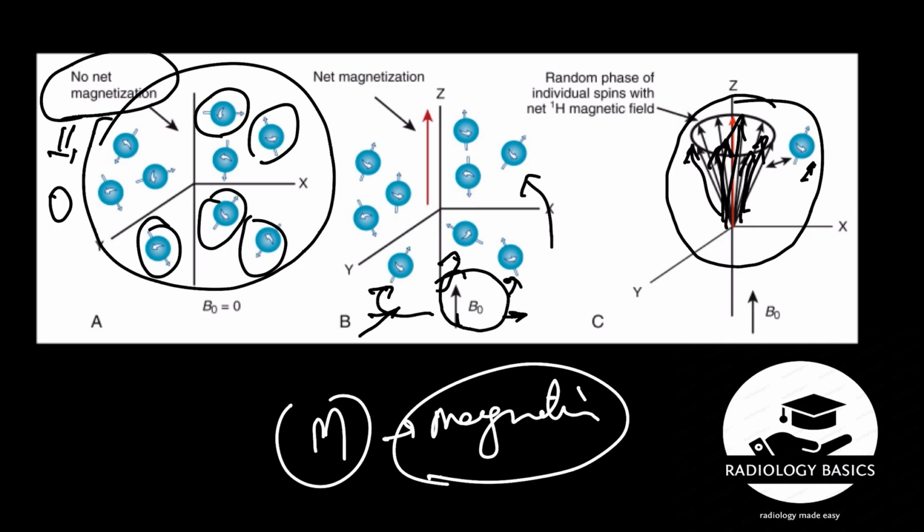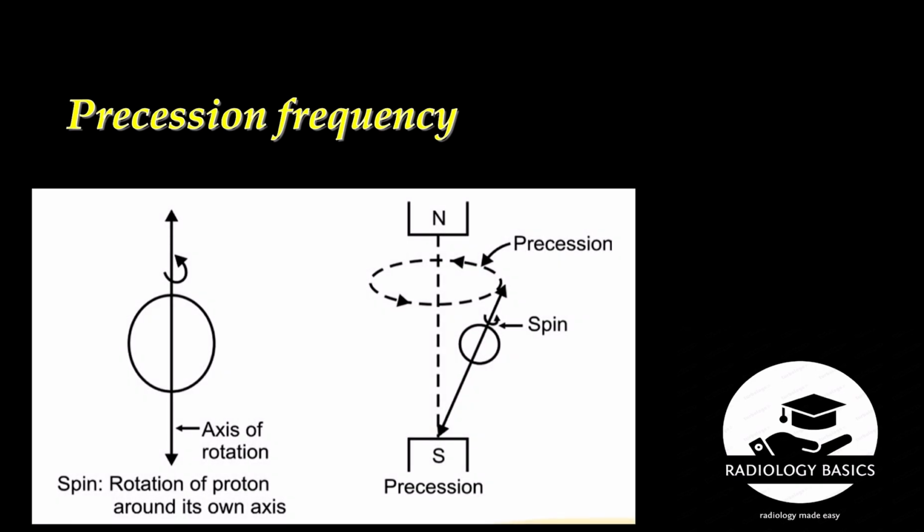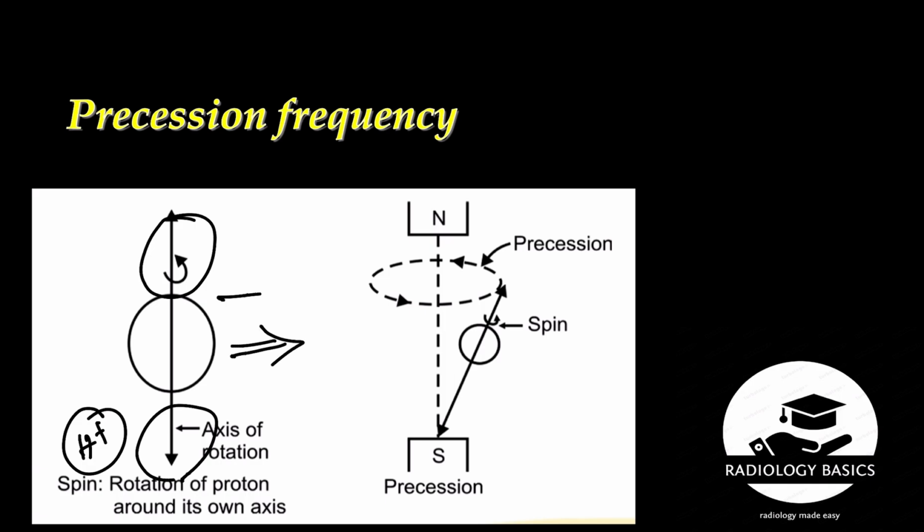What other thing does it do? We know that H plus ions are rotating on their own axis in random directions. Once we keep the patient or human body within the center of the MRI machine, it does two processes. One process we have discussed already: it aligns along its own axis.